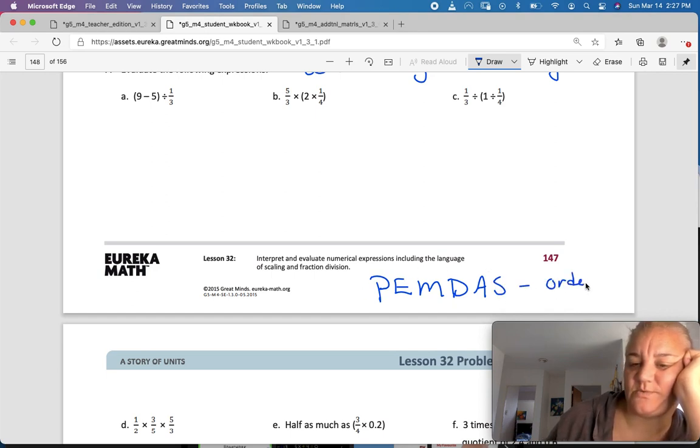And we start with parentheses. Anything inside parentheses goes first. Then exponents. Then any multiplication and division.